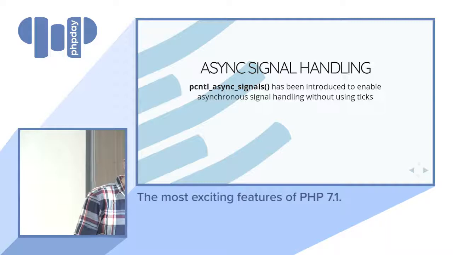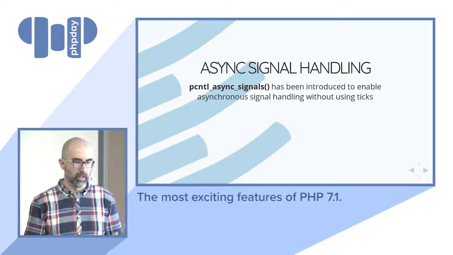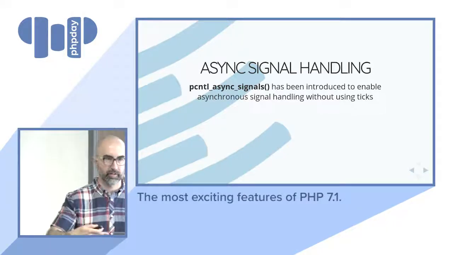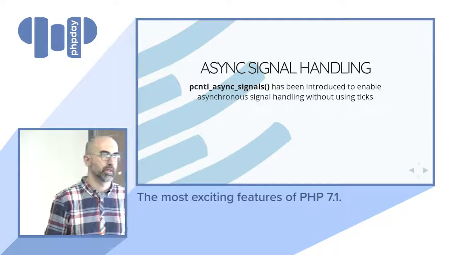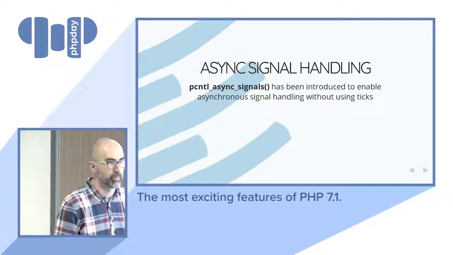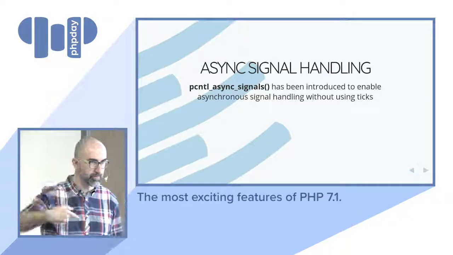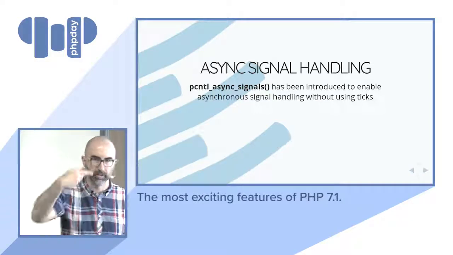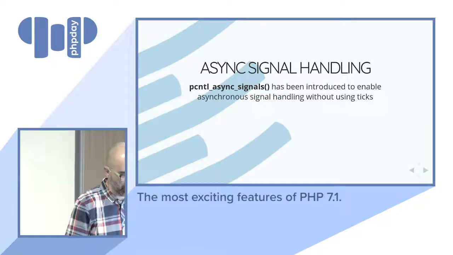In order to manage asynchronous events, before PHP 7.1 you had to manage it using, for instance, pcntl_signal_dispatch manually in the loop, checking every time for the dispatch signal.